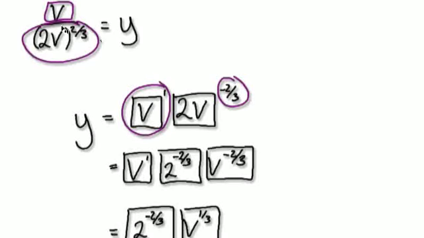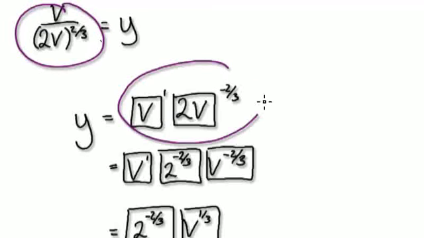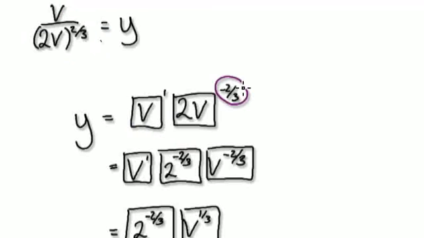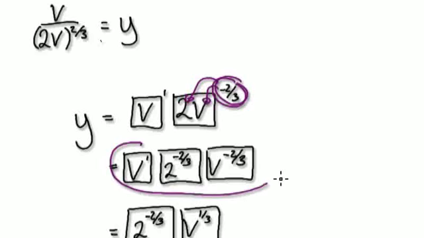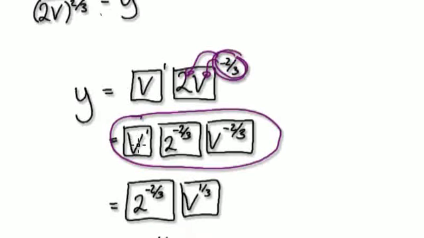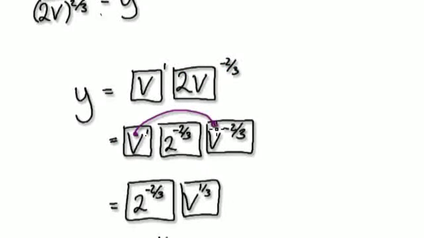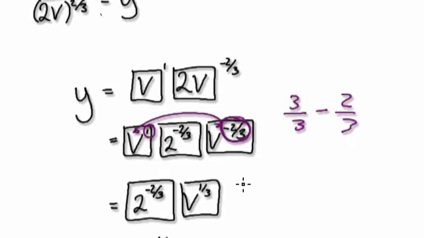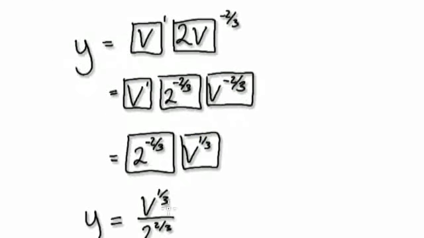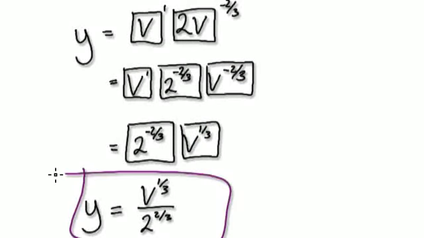Now this gets multiplied with this, from our section on indices. That will take you to here, and then you can merge these two together. It's like saying, get this, add this. So that's 3 over 3, add minus 2 over 3. That will then give you 1 over 3. Tidy up, and it will come to this.